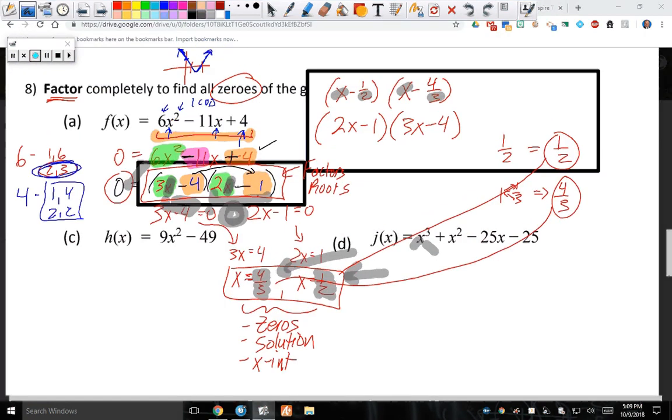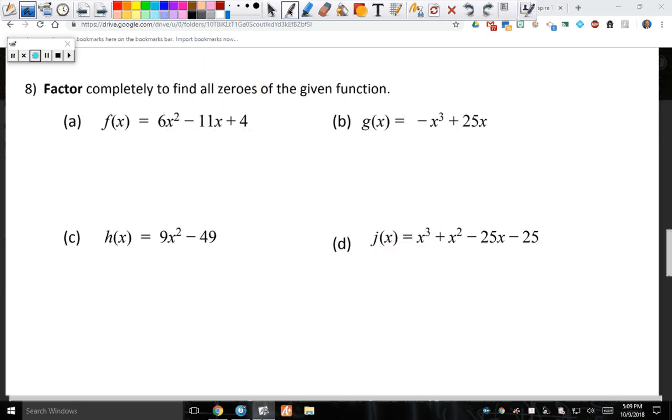Alright, so now let's keep going with the other examples, okay? So B, we have 2 terms. And again, just like on all of them, when we are factoring, our first go-to is to try to see if we can GCF something. So a greatest common factor. Well, we notice an x in both of them, so I can factor out even a negative x if I wanted to.